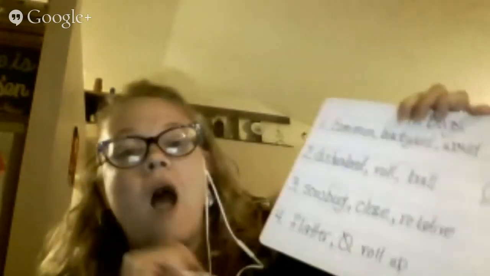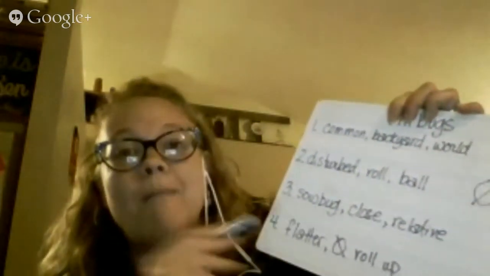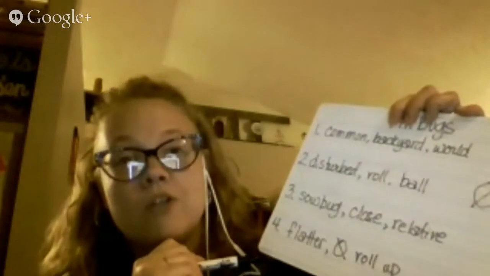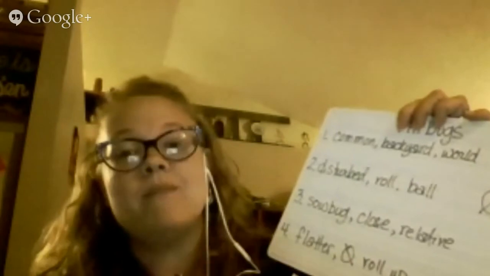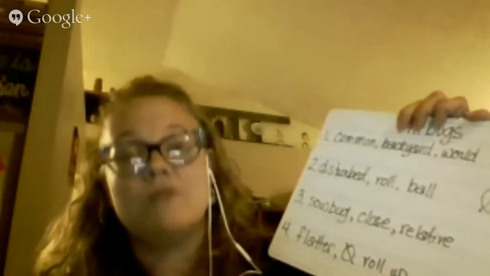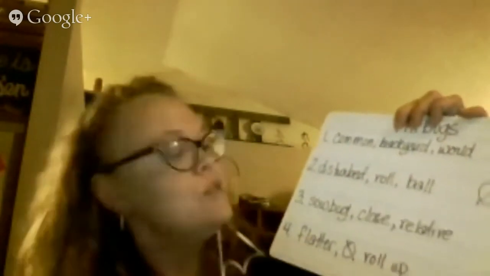So if a dog is animated and is acting like a person, like the underdog character or something like that, that you would use who for. If it's an animal or inanimate object, like a chair, you would say which. Okay, so sentences 3 and 4 are perfect for combining and using who or which. Our pill bugs, the sow bug is not being given human-like characteristics right now, so we're going to say which.